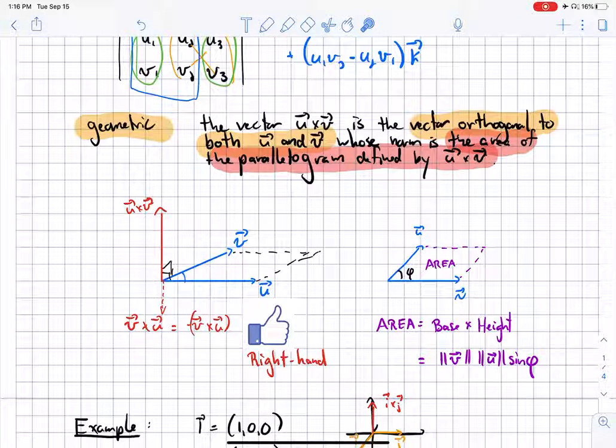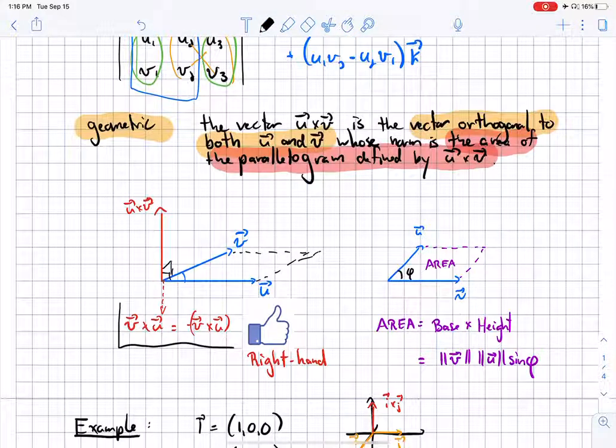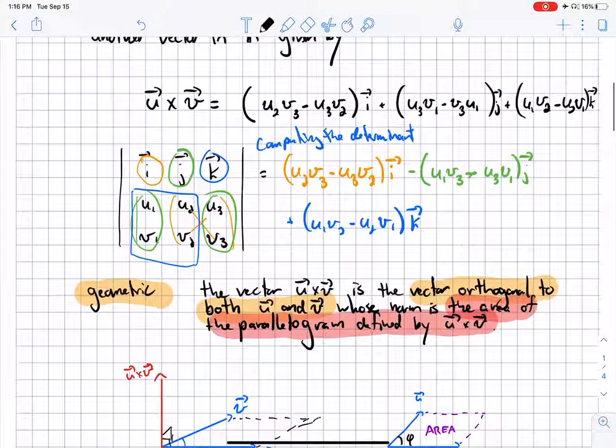Now if I do v cross u, then the fingers of my right hand are going towards v, then I'm pointing them towards u, then the thumb's going to go down. Okay? So in fact, if I change the order of the vectors, u cross v is minus v cross u. Okay? And you can see from this calculation, algebraically, why this is true.